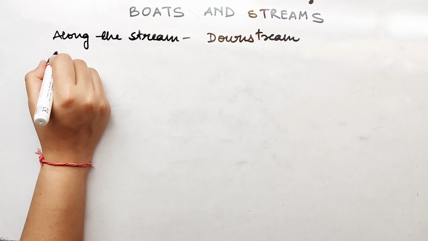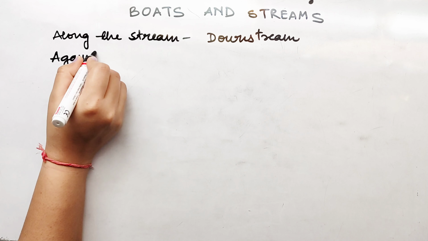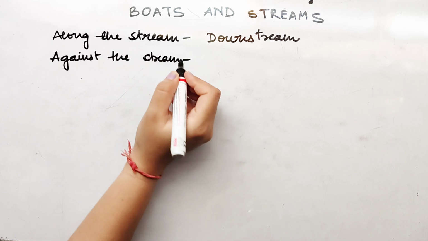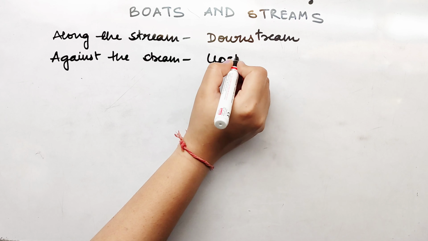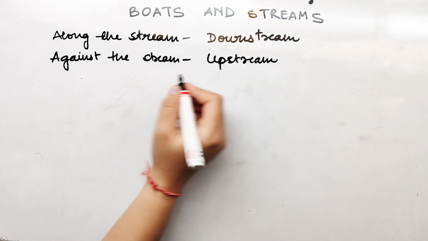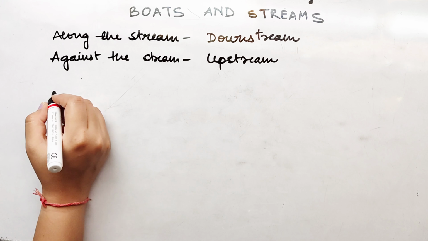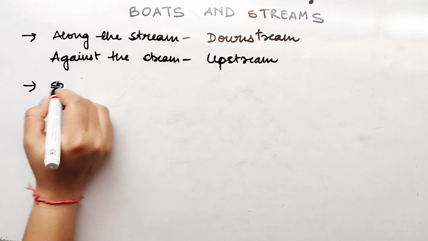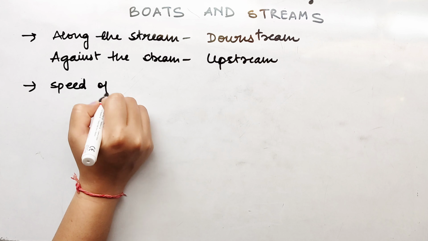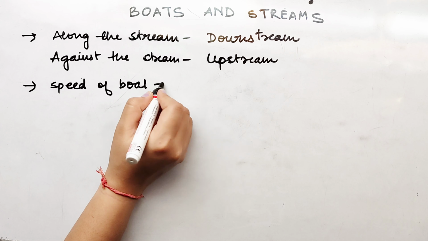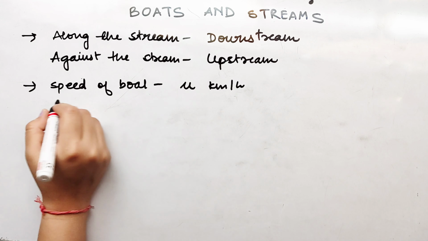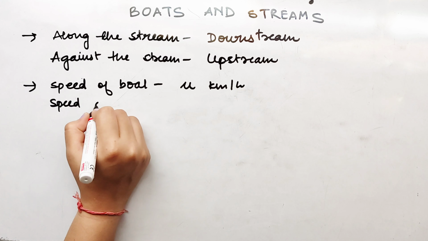Okay, the only thing which is required to find here is that you are not given just one speed, you are given speed of two different things or two different boats, and that too against the current, against the stream. And the stream also has its speed, so you are supposed to judge whether the speed of the stream is against the boat or with the speed of the boat.